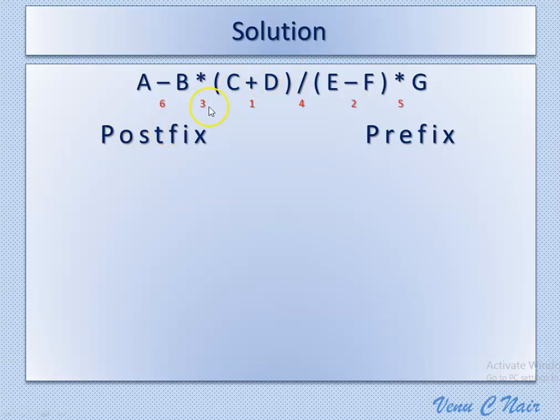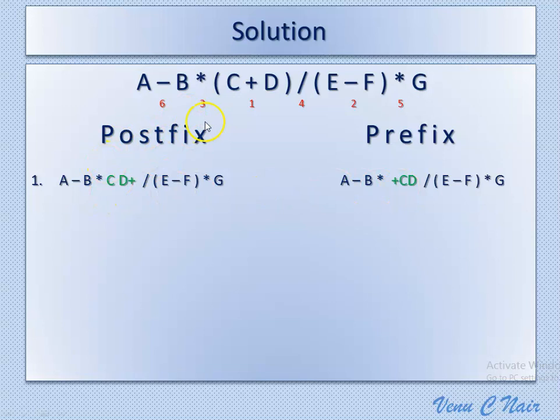So in the first operation, only this part will be performed. In postfix expression, it will be denoted as C D plus, and in prefix, it will be denoted as plus C D. So I have written this in a separate color.